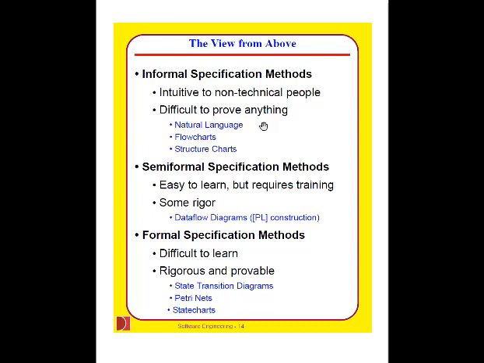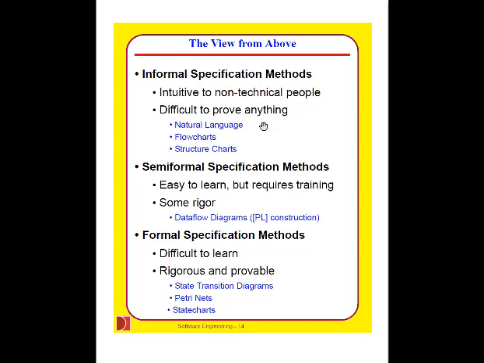That means you are going to be able to use them in some rigorous ways to at least, maybe not do rigorous proofs, but definitely come up with some bounds and some results. Data flow diagrams are an example of these semi-formal specification methods, as we will see as we move on.